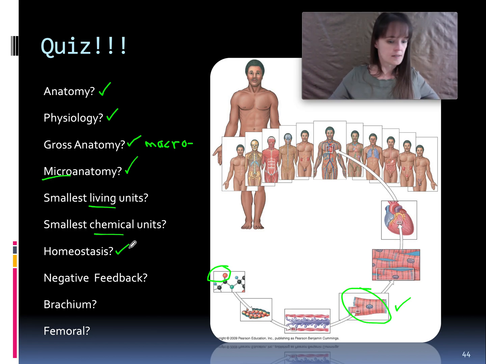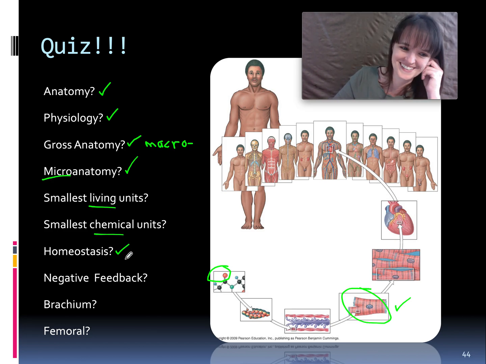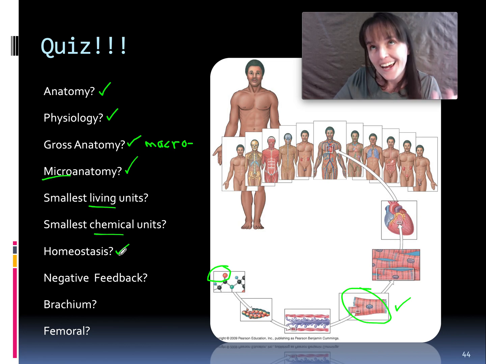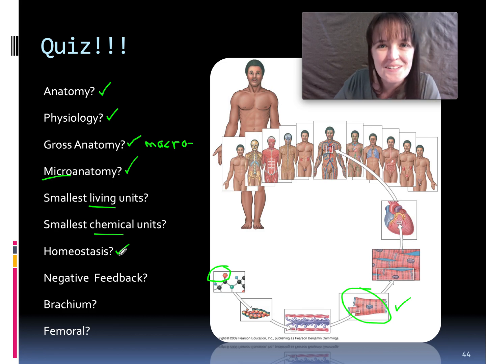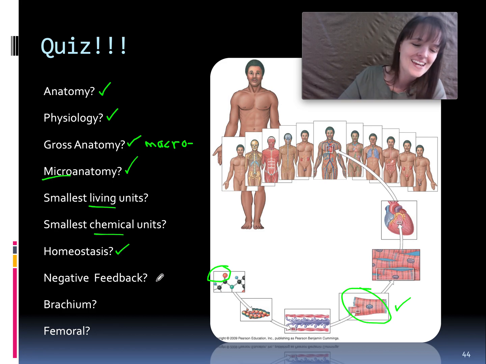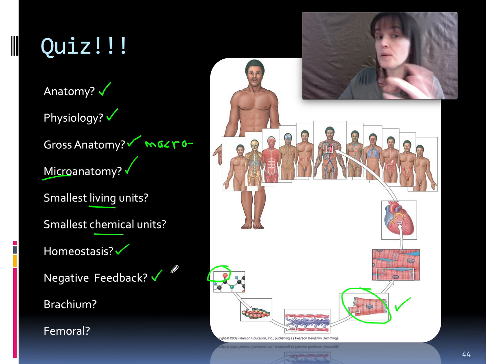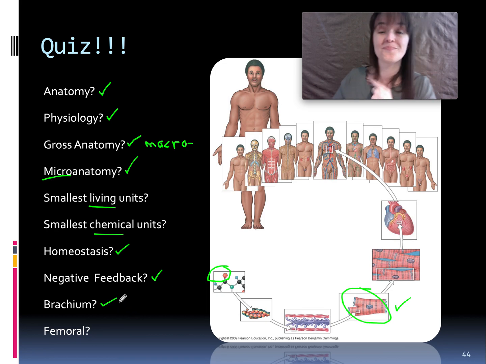Okay, off topic. So we were talking about homeostasis is the maintenance of a relatively stable internal environment, exactly. And negative feedback is when you negate the stimulus. Whatever's wrong, you do the opposite. Oh, what's a brachium?